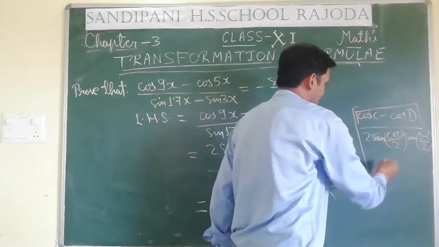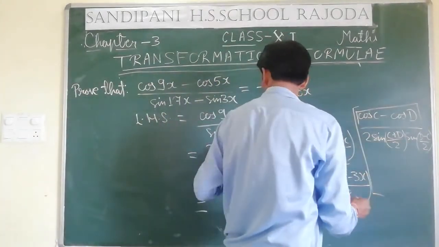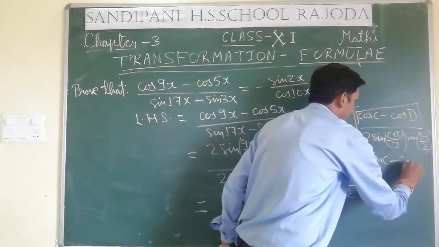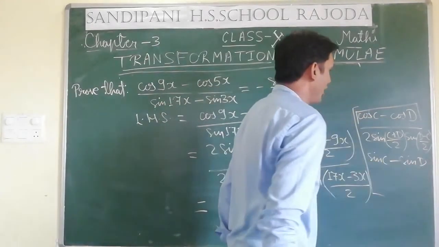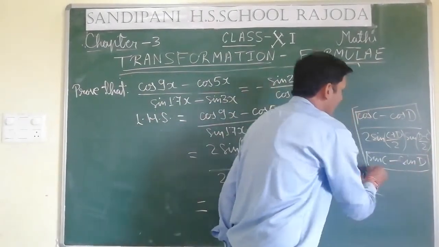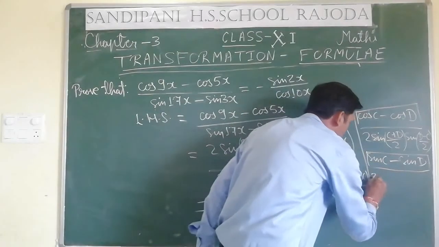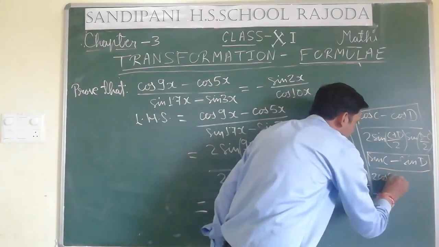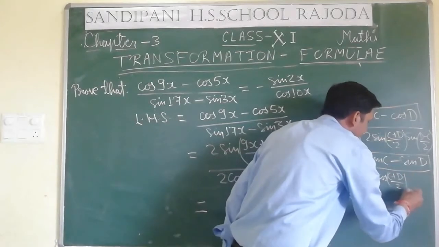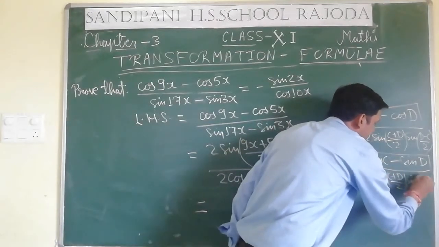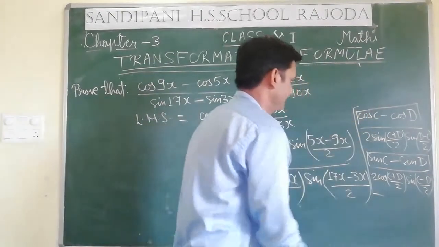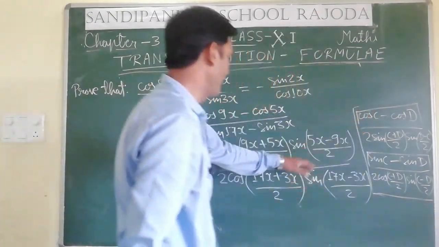Now sin C minus sin D, that formula I have already told you, is 2 cos C plus D by 2 sin C minus D by 2. These are the applied formulas.